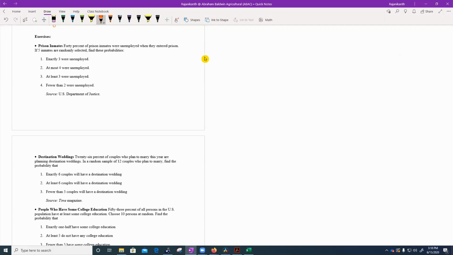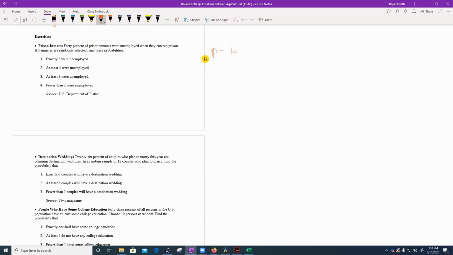So that is my success, and if it is not, it is going to be my failure. But remember, the research says that 40% of the prison inmates were unemployed, right? Therefore, that is the one I am looking for, the number of unemployed. Therefore, little p, the probability of success for each trial, is 40%.